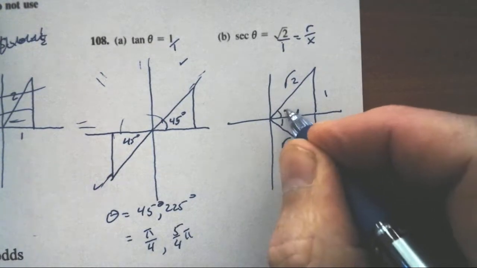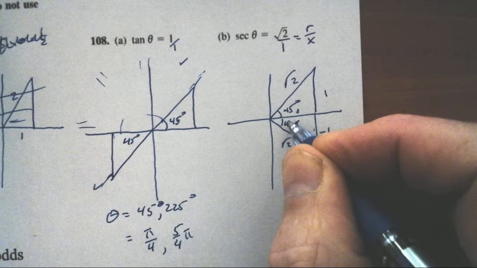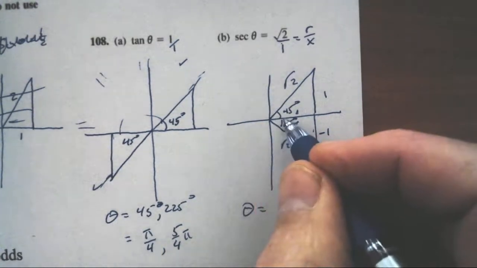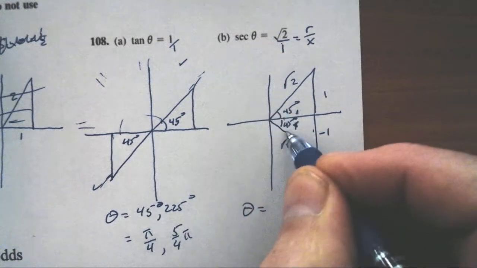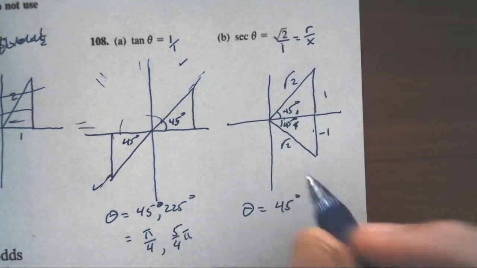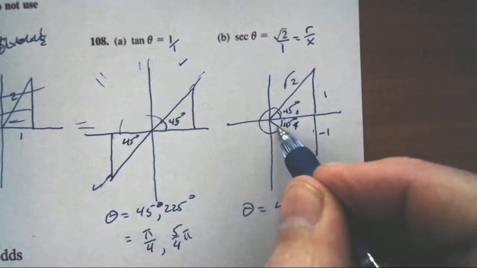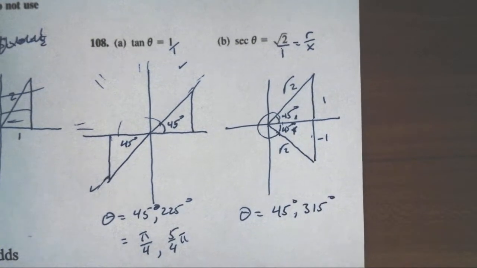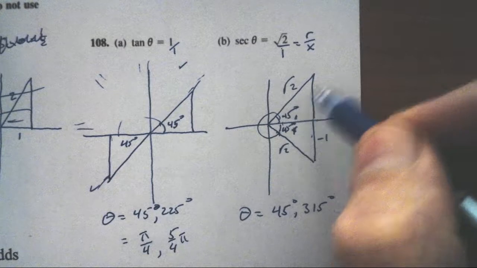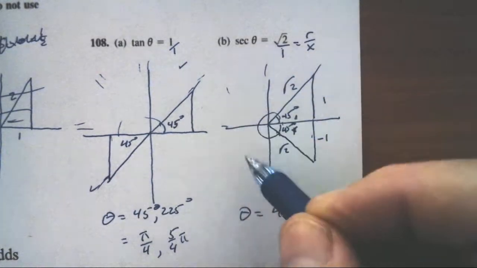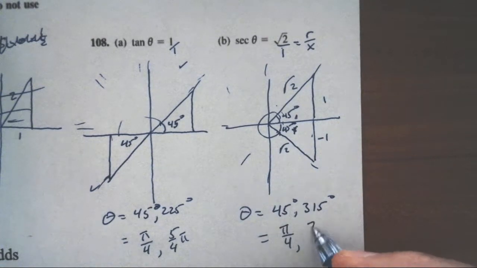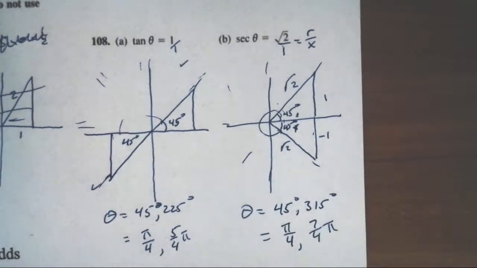But either way, we're dealing with 45-degree angles. So theta, again, I can't call this negative 45. I've got to run around to it, is either 45 degrees or 45 short of 360, 315 degrees. This is fourths. 1, 2, 3, 4, 5, 6, 7/4 pi, or just 1/4 pi, pi on 4, or 7/4 pi.